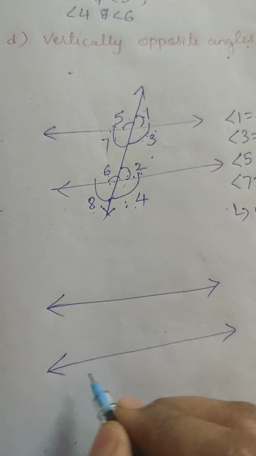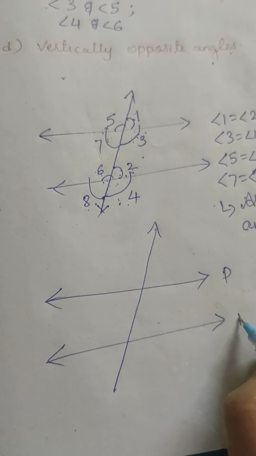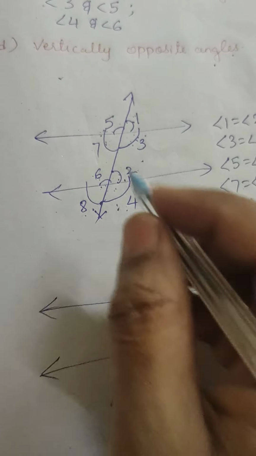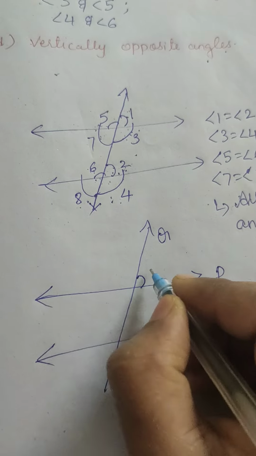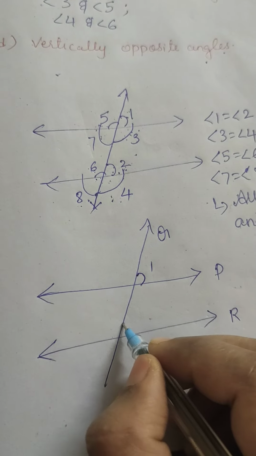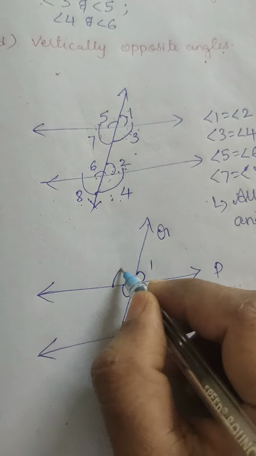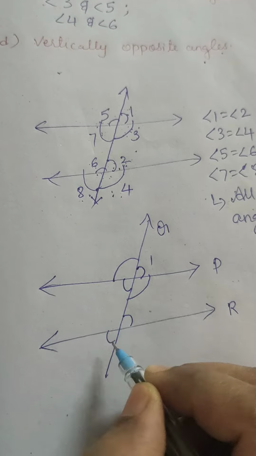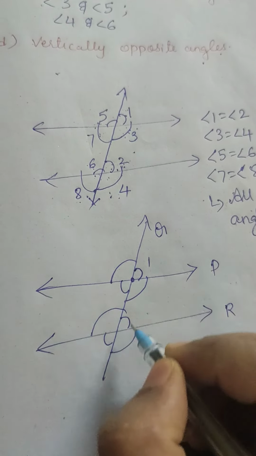Two parallel lines P and R, and Q is the transversal. Vertically opposite angles: we have the vertices. Let this be 1 and this be 2.